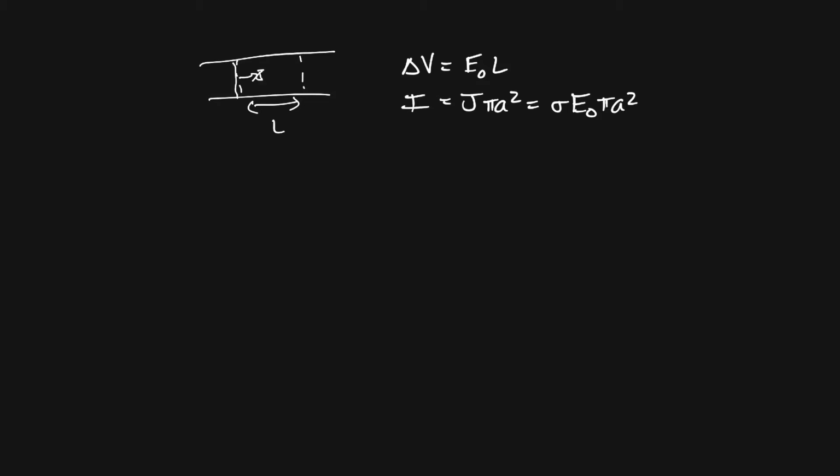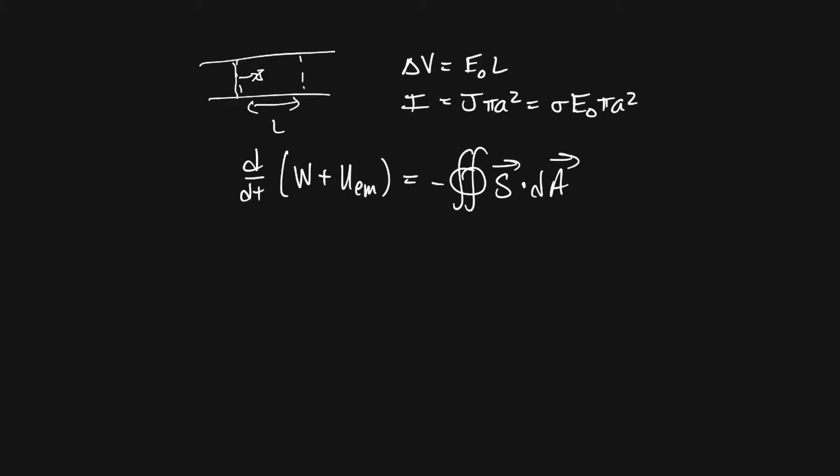So what we can do is look at our statement of energy conservation, namely that the time derivative of the work that's done on charges plus the change in the electromagnetic energy is related to the total outflow of energy by the Poynting vector.